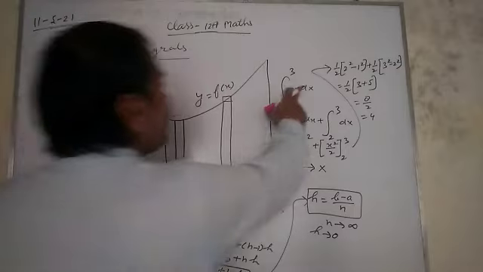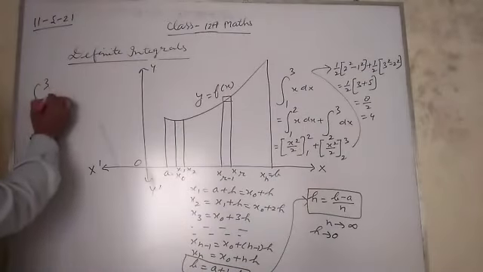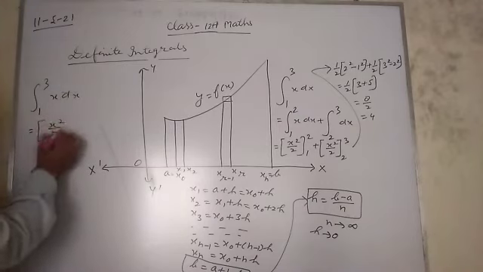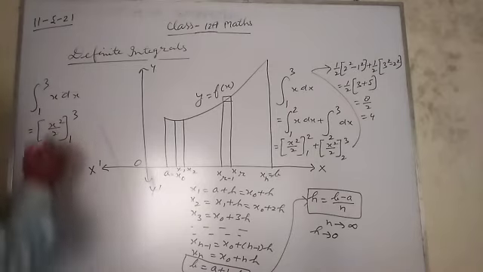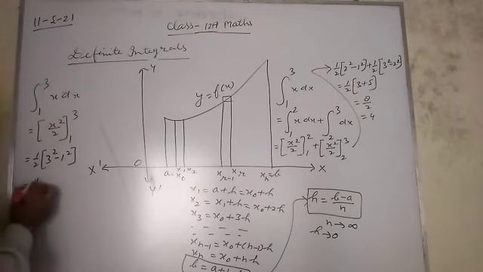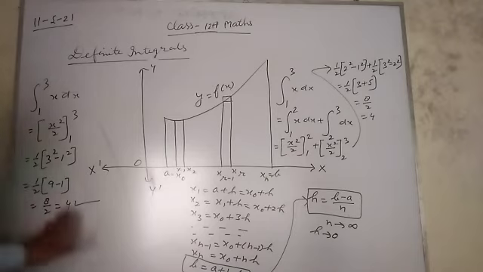And if you integrate directly, then check what is coming directly. x square by 2 from 1 to 3, so 1 by 2 constant will be out, so 3 square minus 1 square, so 9 minus 1, 8 by 2 is equal to 4, means directly also coming.